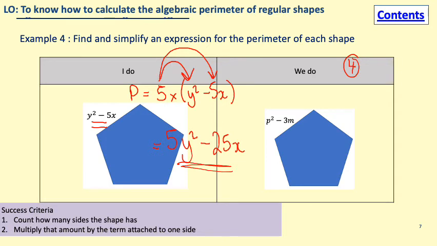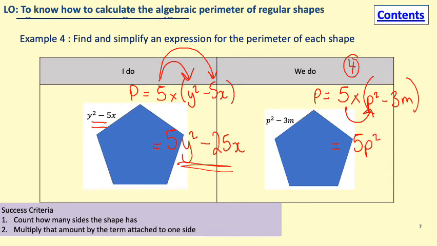Okay, so again, 5-sided shape, so we've got P, the perimeter, is equal to 5, because we've got 5 sides, times by p squared minus 3m. So the thing that's changed now is our second term, this 3m, is negative. So we're remembering how we multiply positive and negative terms together. So we have to do, first of all, the 5 times by p squared, both positive, so it'll be 5p squared.